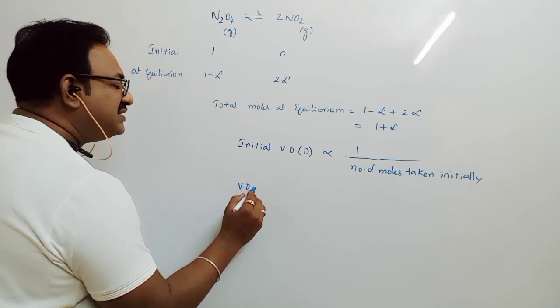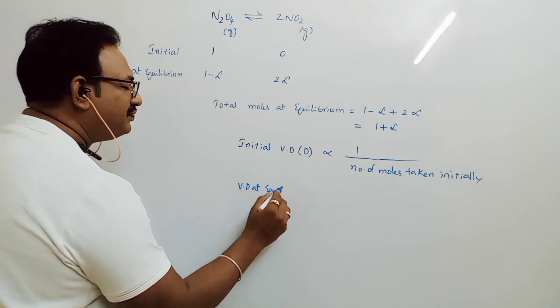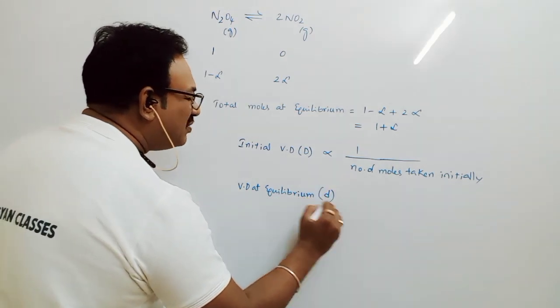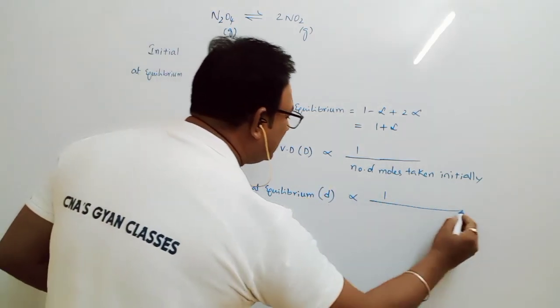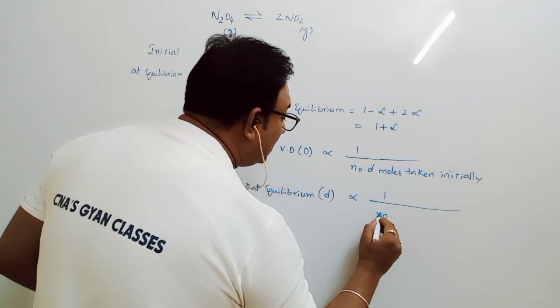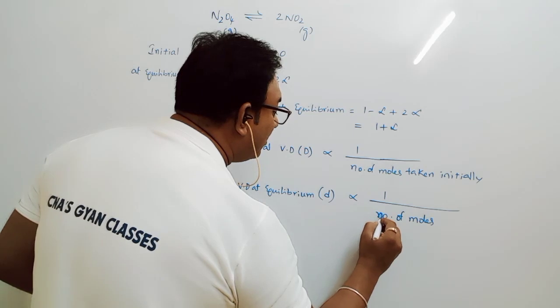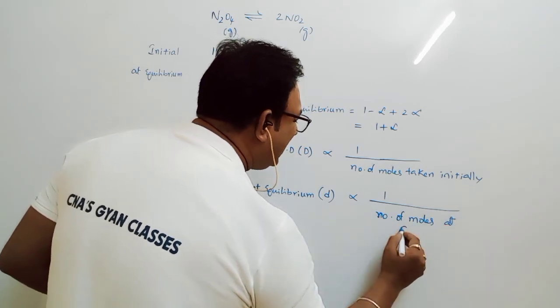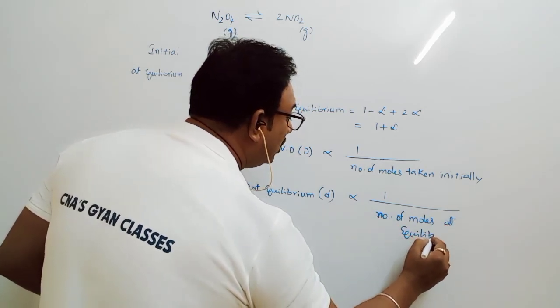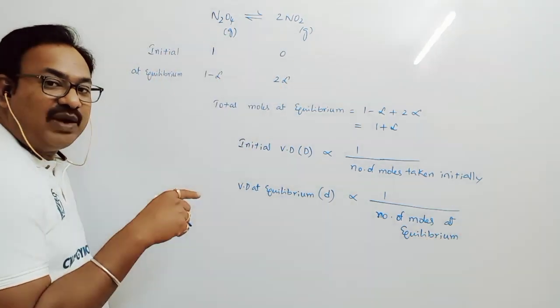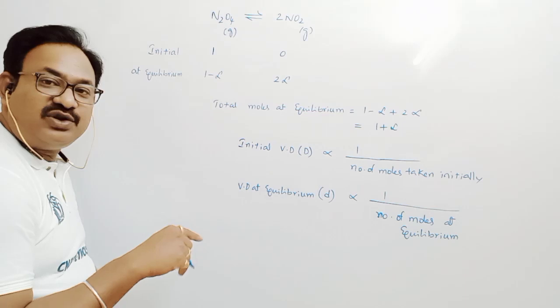Again, vapor density at equilibrium is taken as small d, and it is also inversely proportional to number of moles at equilibrium. क्योंकि अभी derive करके बोले थे ना, vapor density is inversely proportional to number of moles.